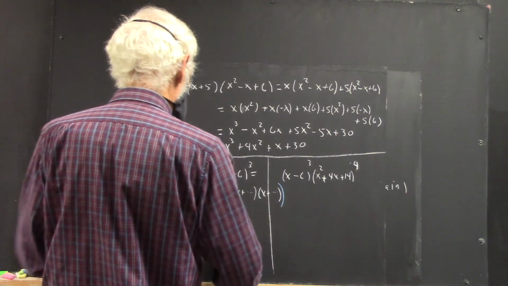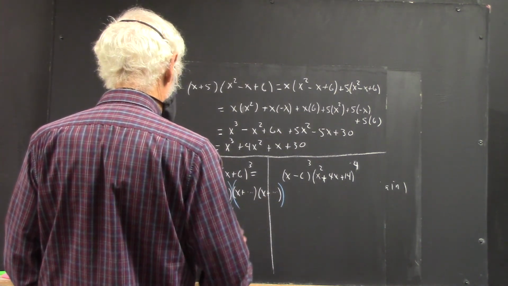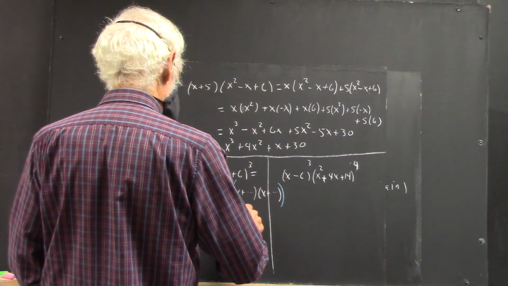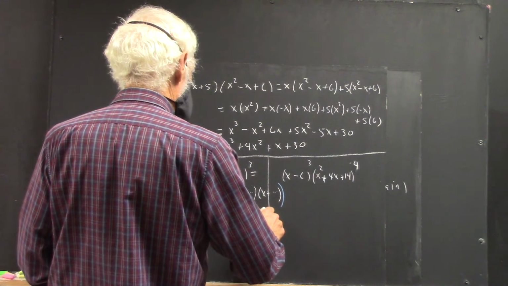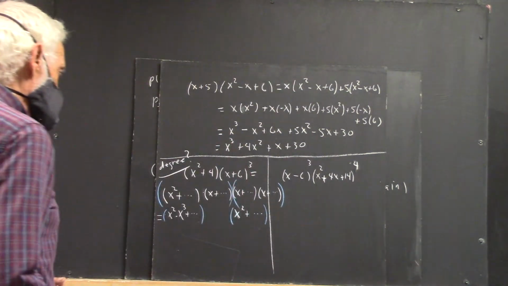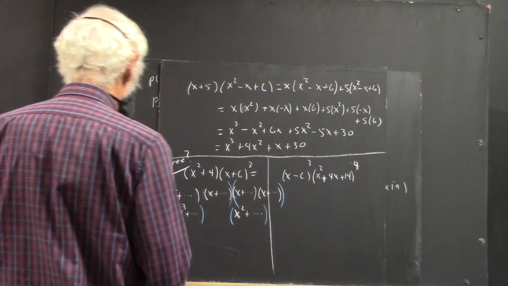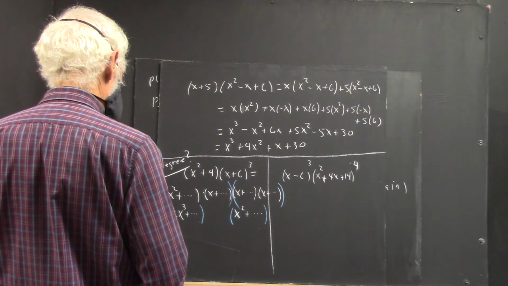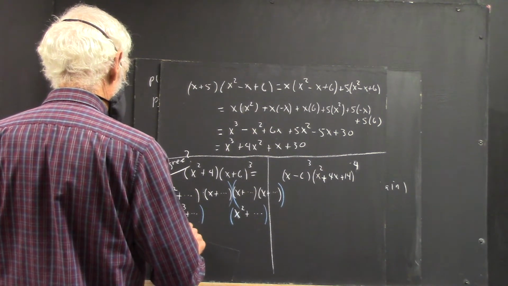And this set of parentheses is x squared. Well, x squared plus a bunch of other stuff. Well, that means that this is x to the fifth.